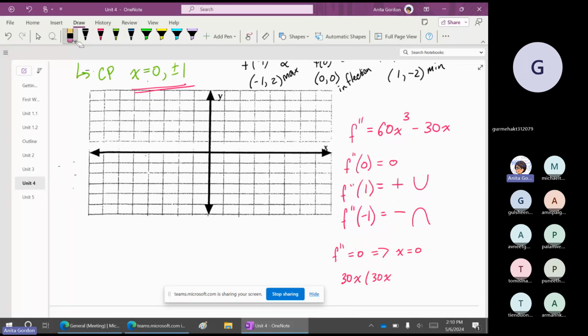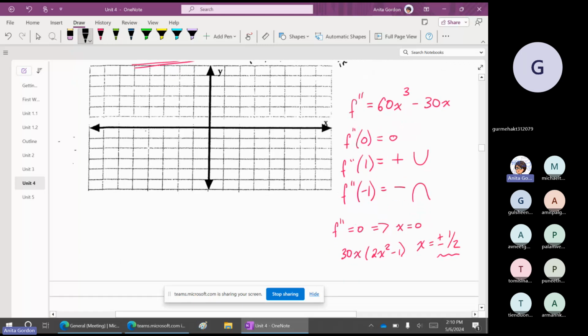No, 2x. 2x squared minus 1. So then x is plus or minus 1/2. So I'm going to have a change of direction at plus minus 1/2. Okay, what that means is, oh, square root, oh, thank you, yes, square root 2.